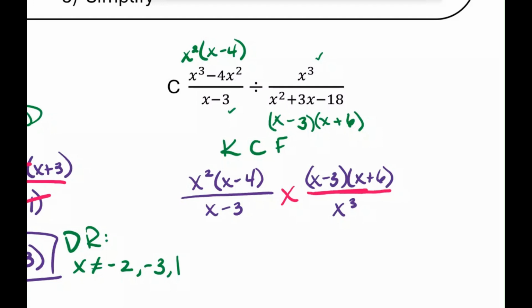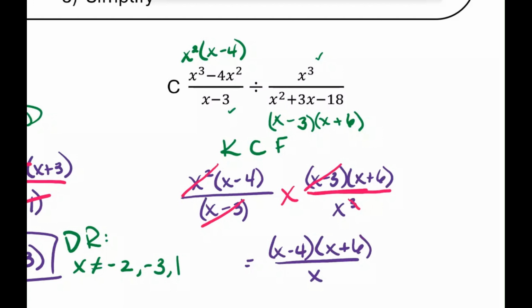So what can we cancel out? It looks like we've got an x minus 3, x minus 3. We've got some factors of x, so if I take out 2 factors of x here, that would just leave 1 factor of x. So that would be 1 factor of x on the bottom, and then on top, x minus 4, x plus 6. All right, and then we don't have anything else we can cancel out.